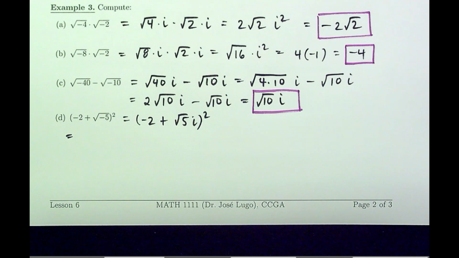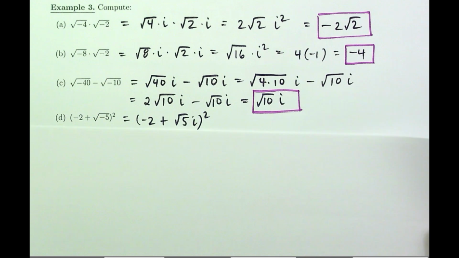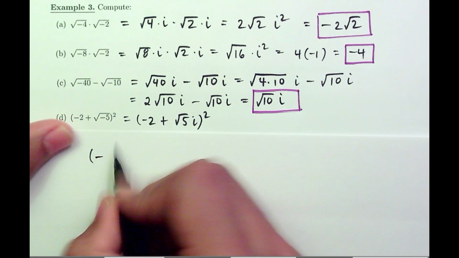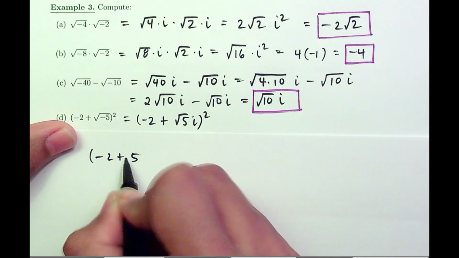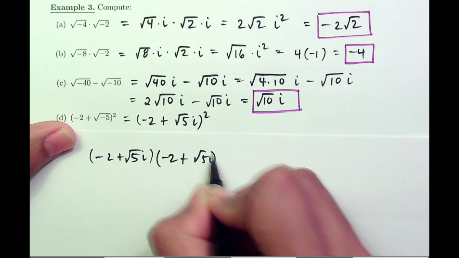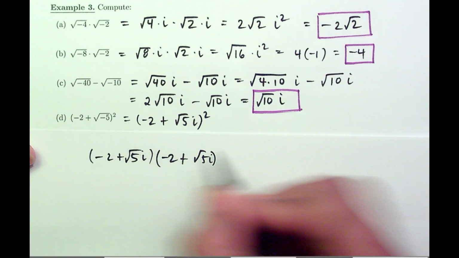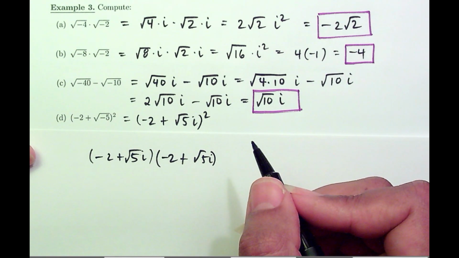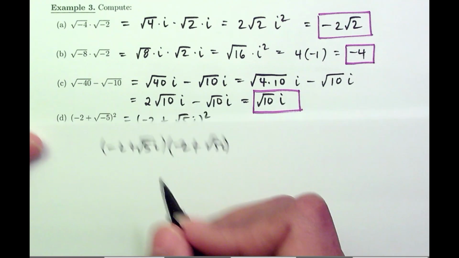There's two ways of squaring a binomial like that. You either write it out twice and do the foiling, or use the shortcut. I like using the shortcut, so I'm going to use the shortcut.